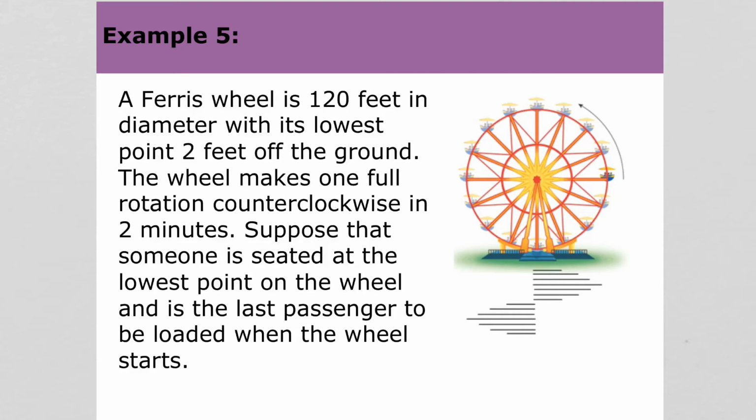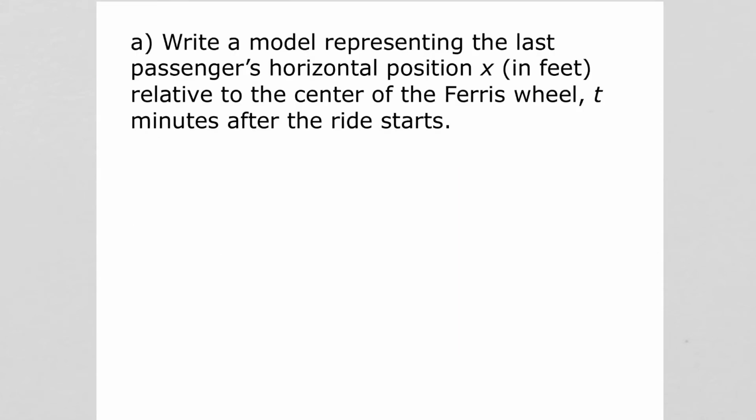Suppose that someone is seated at the lowest point on the wheel and is the last passenger to be loaded when the wheel starts. Write a model representing the last passenger's horizontal position, x in feet, relative to the center of the Ferris wheel, t minutes after the ride starts.